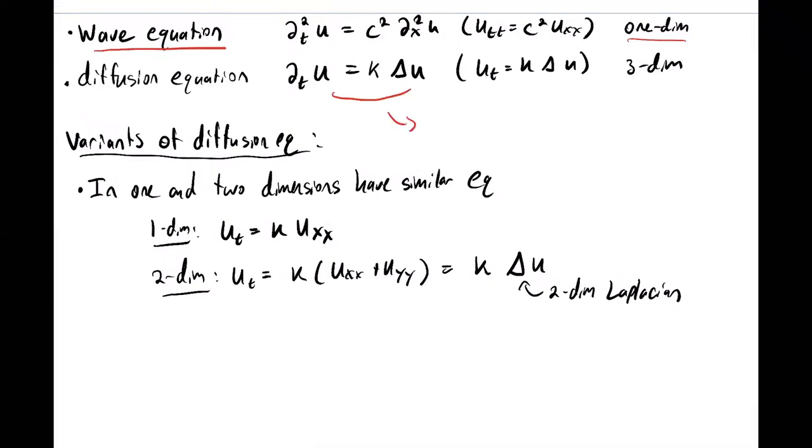You can write these instead as utt is c squared Laplacian of u, or ut is equal to k times the Laplacian of u. These are the more general forms of the wave or diffusion equations, which you'll typically see. The dimension of the Laplacian will be given to you from context.